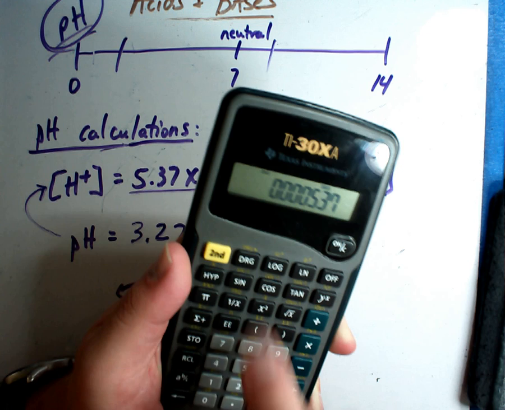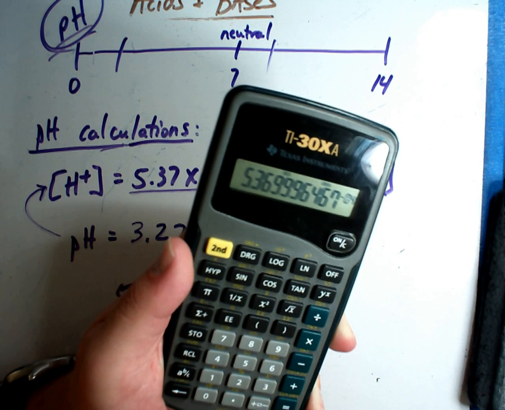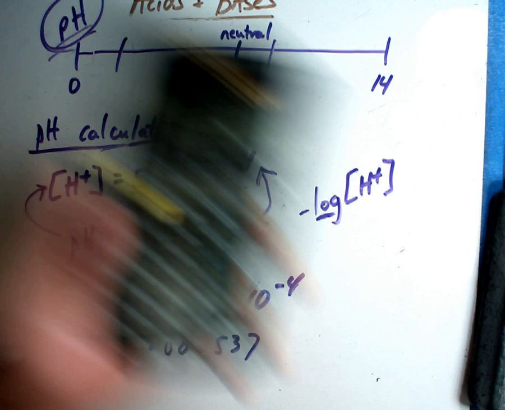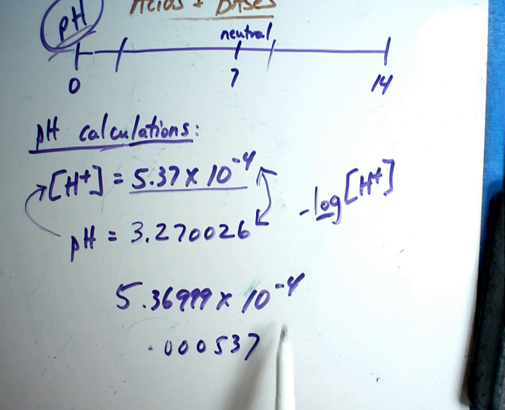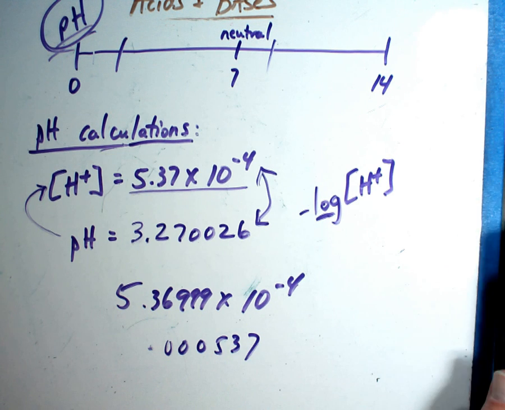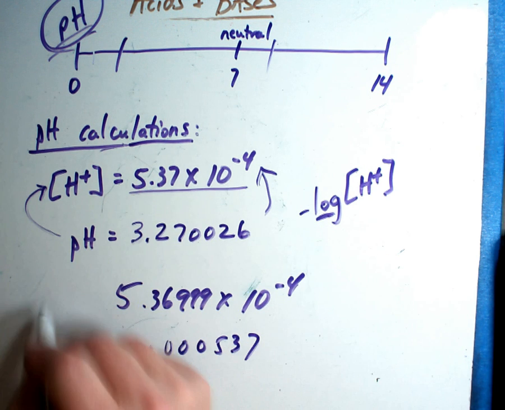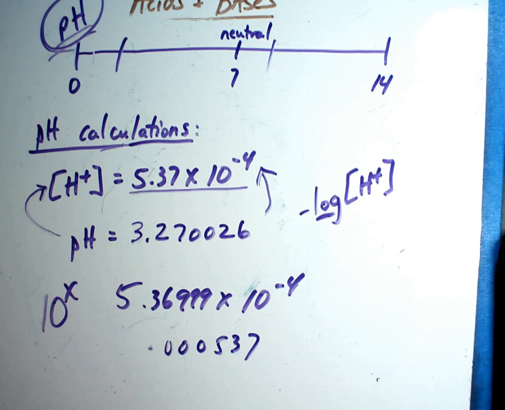I want to put it into scientific mode. There's that answer, 5.36999 times 10 to the negative fourth. That's how you go in reverse. Okay? So whenever you want to go this direction, you're going to use that 10 to the x key every time.